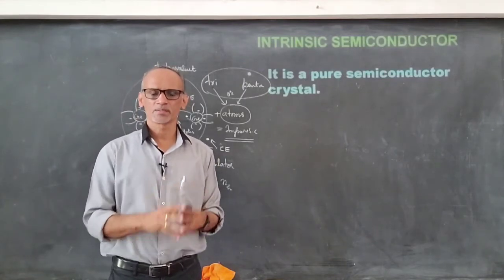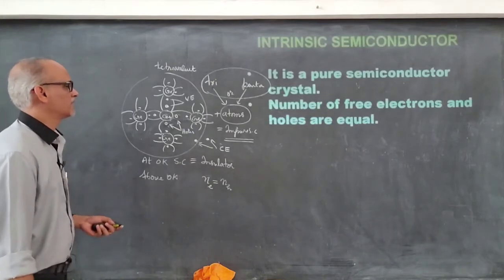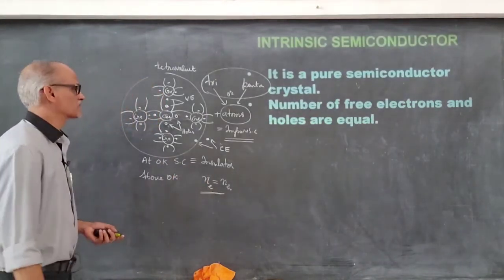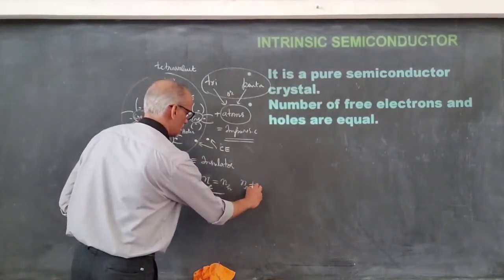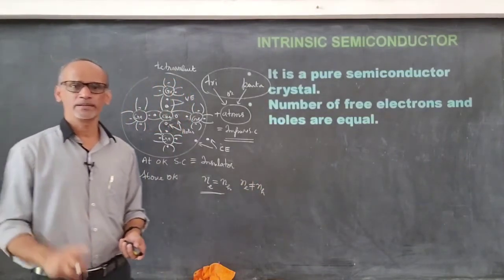In the intrinsic semiconductor, the number of free electrons and holes are always equal, but in the case of extrinsic semiconductor, the number of electrons and the number of holes are unequal.